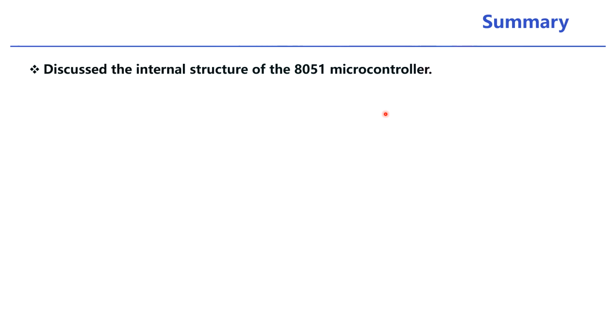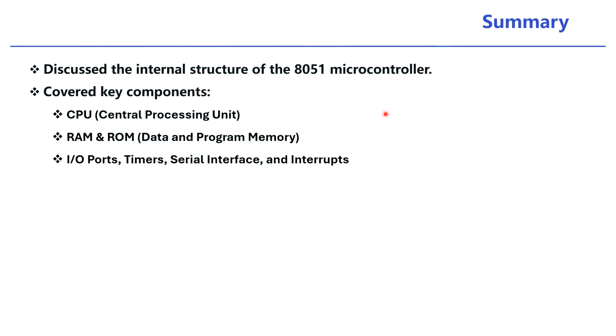Second, we covered key components: CPU, the central processing unit, RAM, random access memory, and ROM, read-only memory, which serve as data and program memory. Next, we discussed input output ports, timers, serial interface, and interrupts. We have seen the internal architecture of the 8051, but in detail we will see in future lectures.